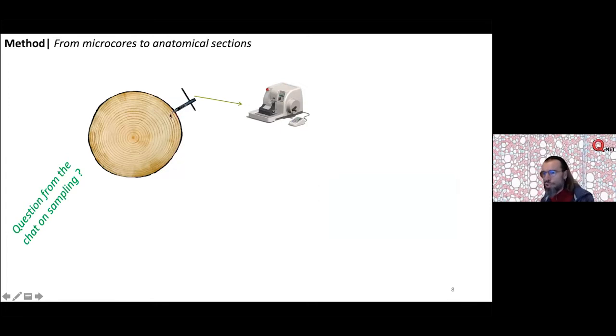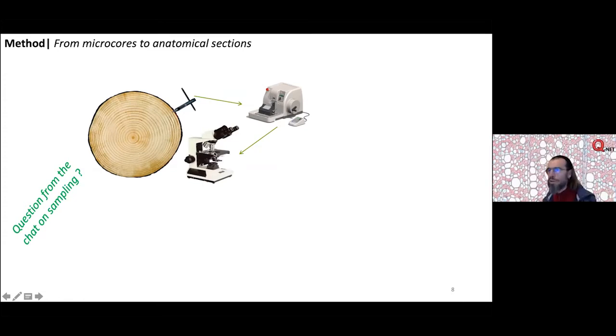So we took microcores from the stem most of the time, but there are a few studies on branches and on roots. You will have an example afterwards. Then usually the method is paraffin embedding and rotary microtome sectioning, but there are also other trials.